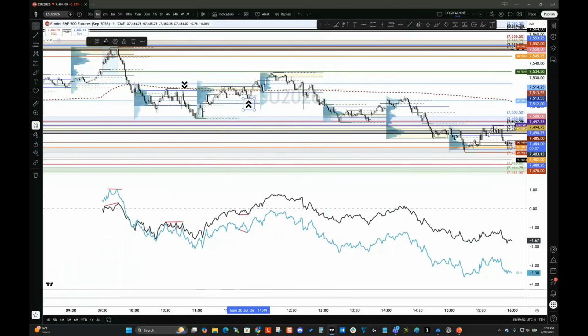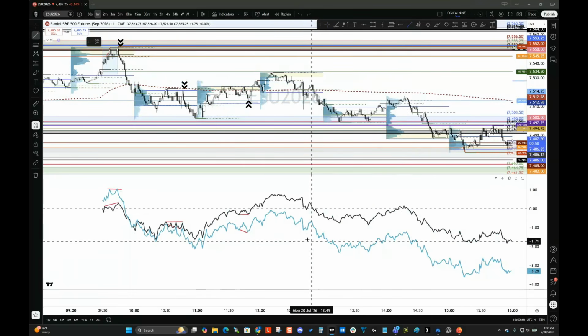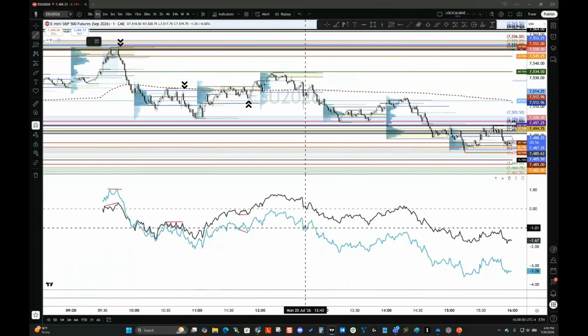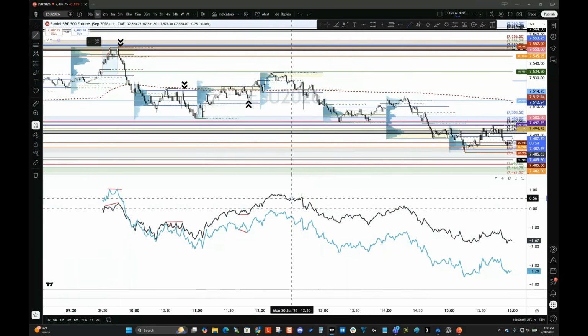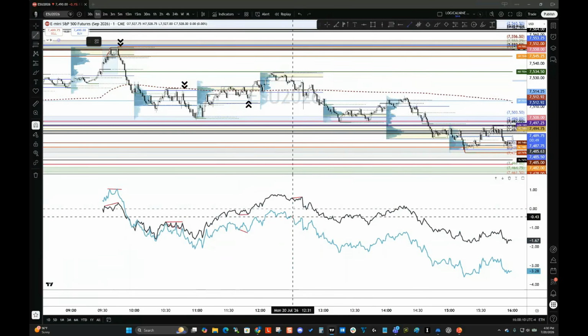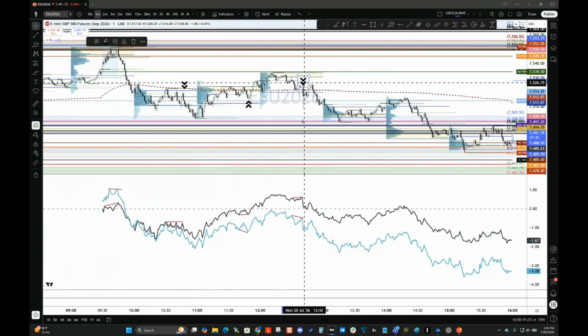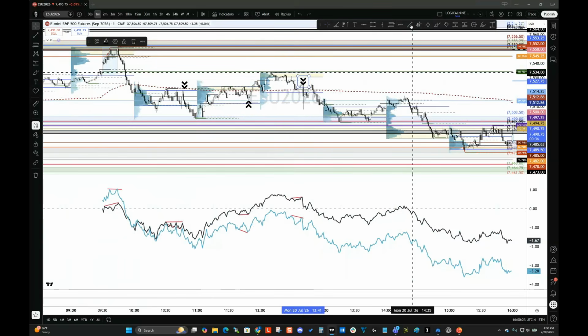Finally, we have two bearish divergences at 12:40 and at 14:20.